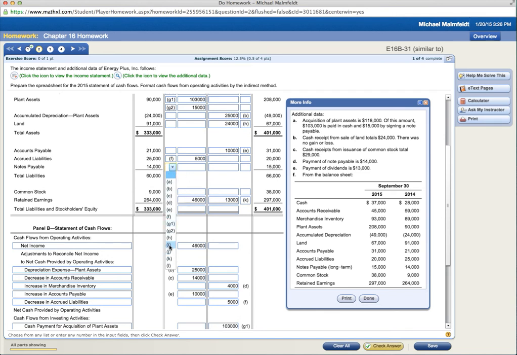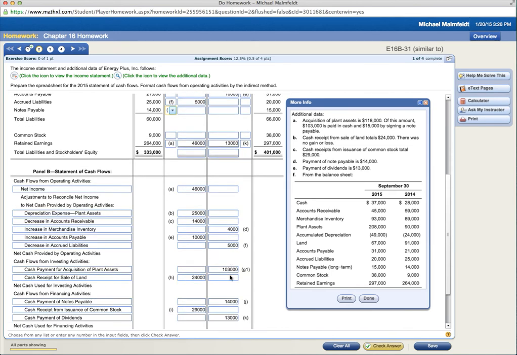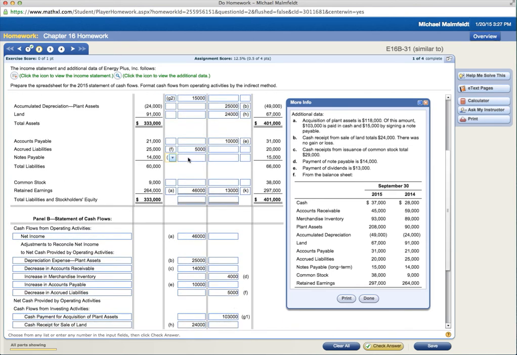And I believe that was number I. Let me double check here. Yeah, number I. We debit this side for $14,000. But if we left it at that, we would go from $14,000 to 0 over here. Since this year's balance is $15,000, we know that we're going to need to have $15,000 on this side.